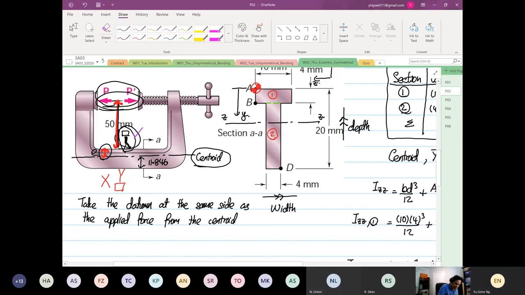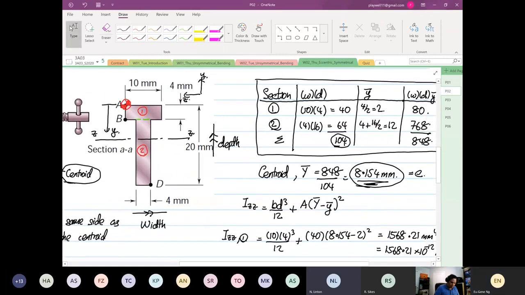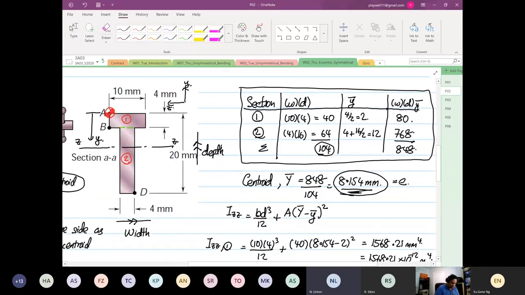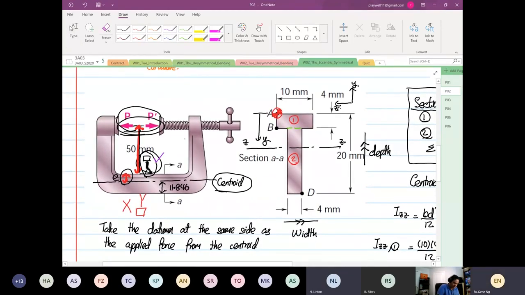Okay, so wait, let me think about it. So you're asking why, when we're calculating the centroid based on area, we don't care about the uprights on the clamp? You mean this position and this position? Yeah.